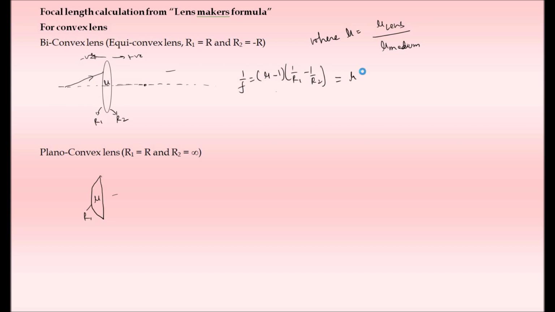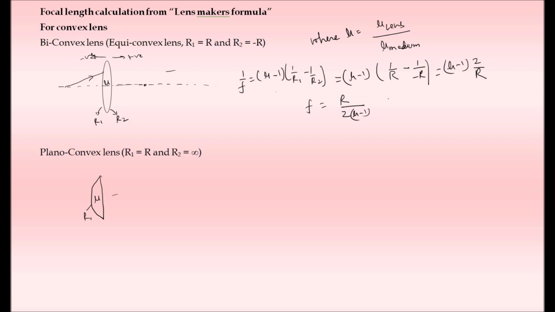So from there we get (mu minus 1), and considering both radii as the same, 1/R minus 1/(minus R), that is (mu minus 1) into 2/R. So f is equal to R divided by 2(mu minus 1).